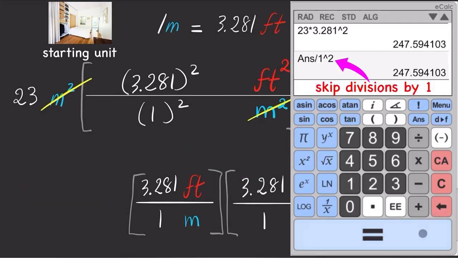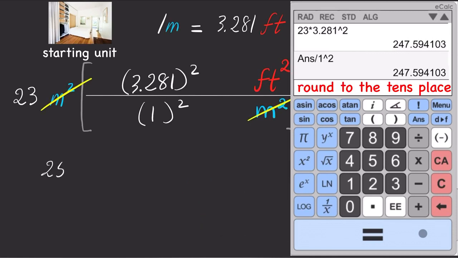Since the first measurement has 2 significant figures, and the conversion factor has 4 significant figures, the final answer can only have 2 significant figures. Therefore, round 247.594 to the tens place, which is 250.